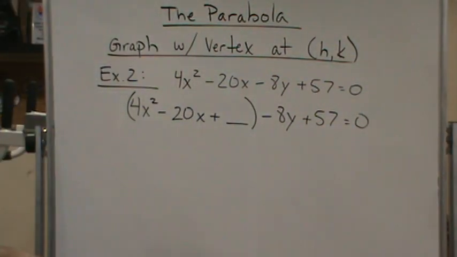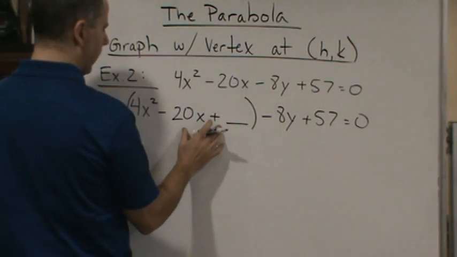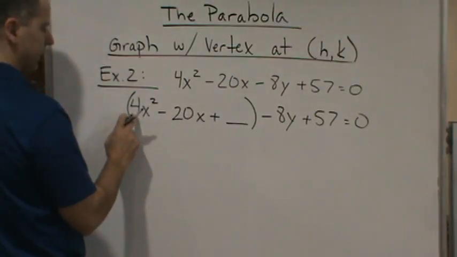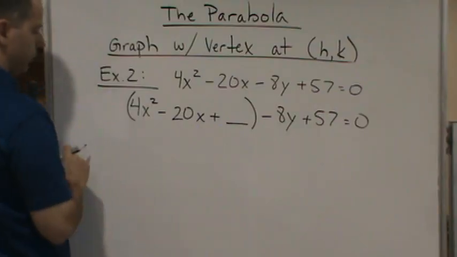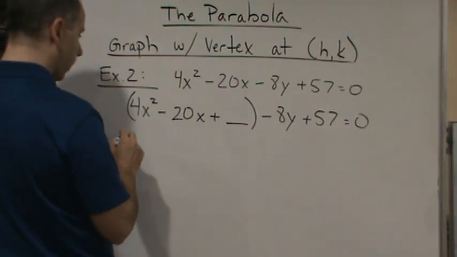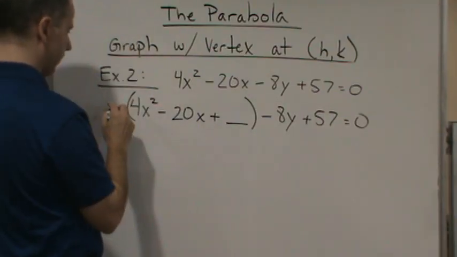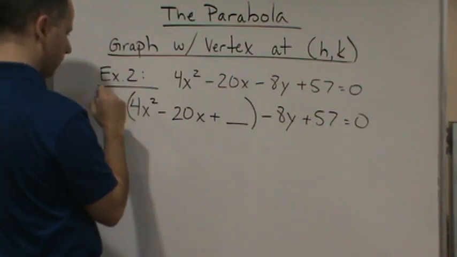Now, before I can complete the square, remember I have to have a leading coefficient of 1, which means I'm going to have to factor out a 4. So I'm going to factor out the 4 here.